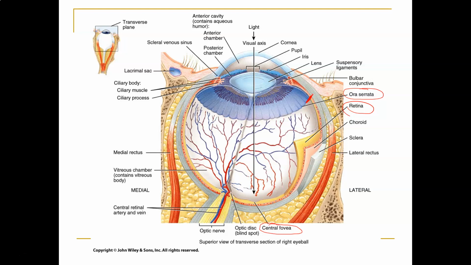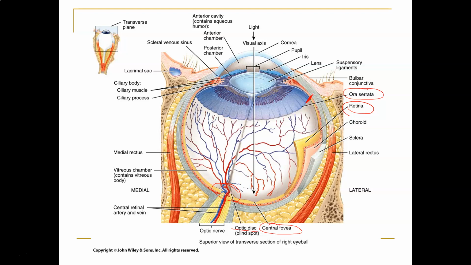things like fine print. Also, I wanted to draw your attention to this area here called the optic disc. This is significant for a couple of reasons. This is where, as I was saying earlier, your retina is attached to the rest of the eye, the only place.